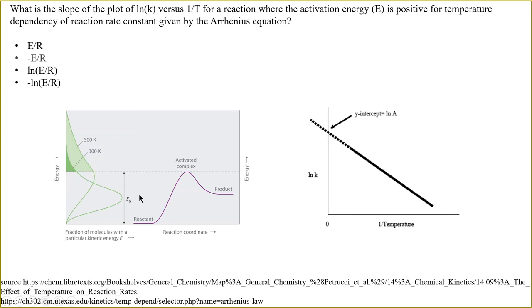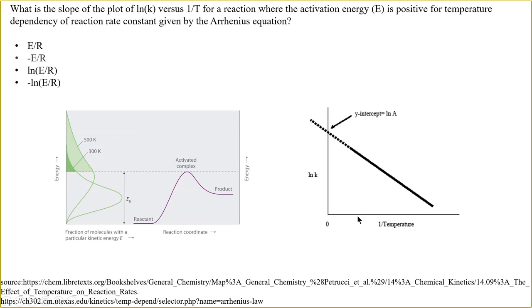So the question asks us that the rate of the reaction in this case, how will it differ? So we have two different temperatures here. So if I take the graph for 1 by T, that will be 1 by 300 and 1 by 500. Let's come on to the right hand side. So we can see that the reciprocal 1 by 500 will be much smaller than the 1 by 300.